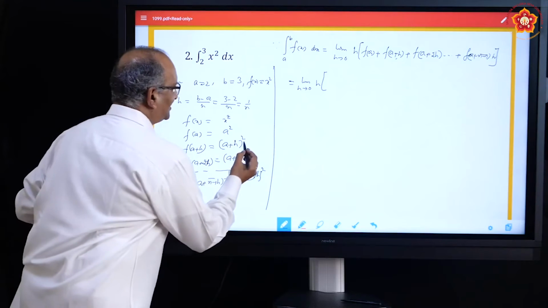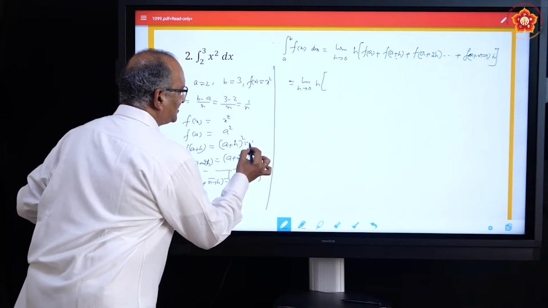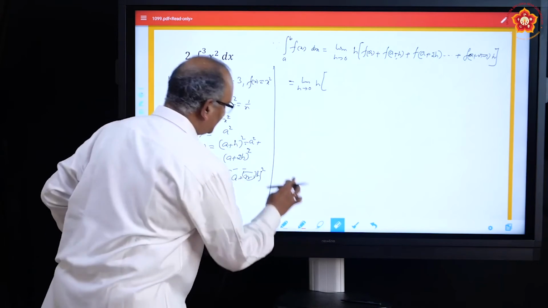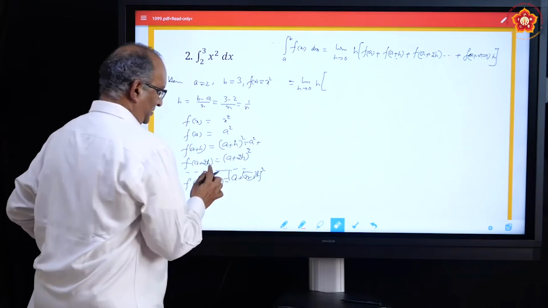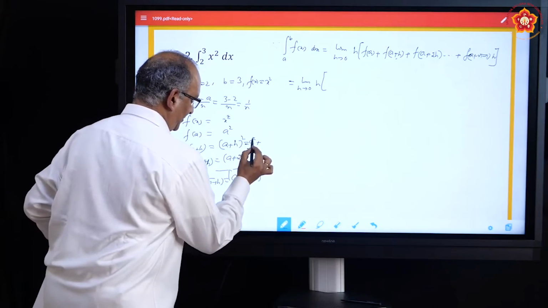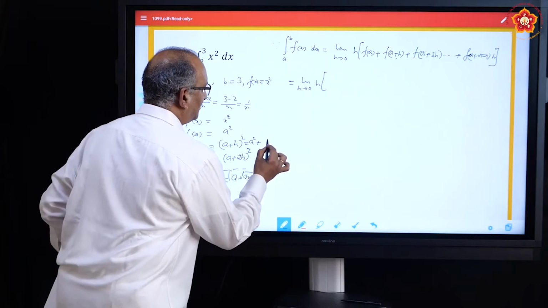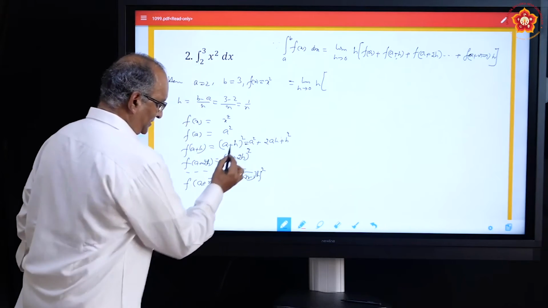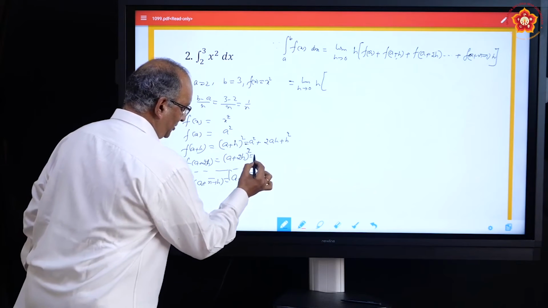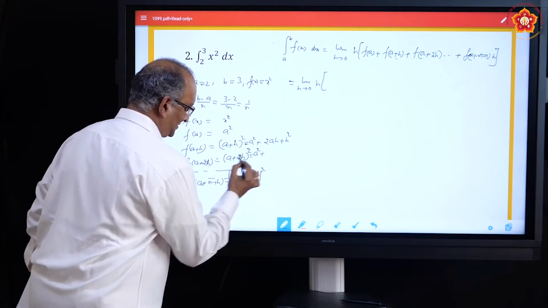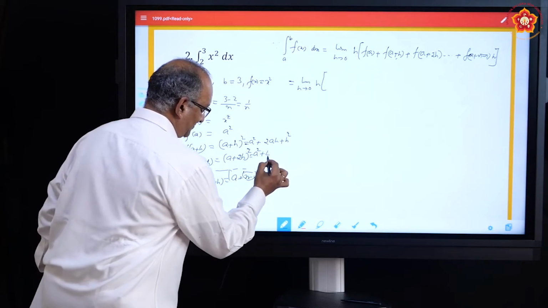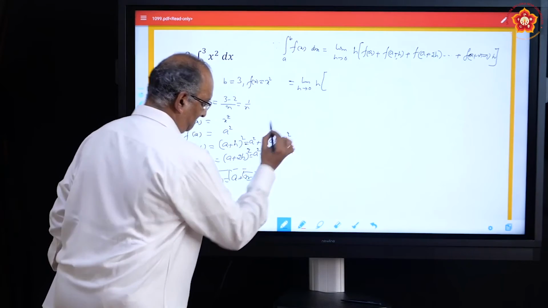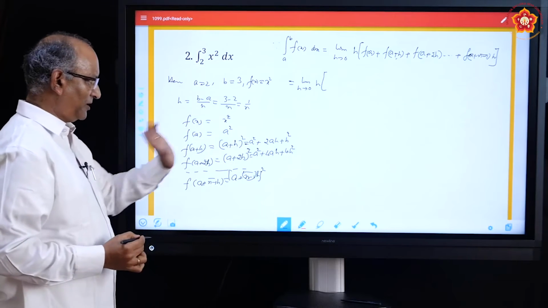For example, this one is a square plus 2ah plus h square. Similarly, this one, if you simplify, you will get a square plus 4ah plus 4h square.